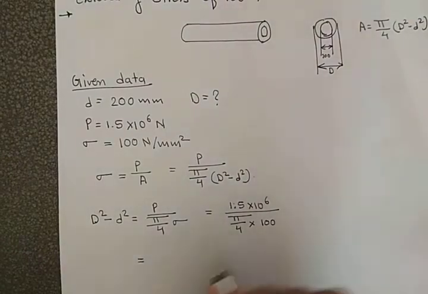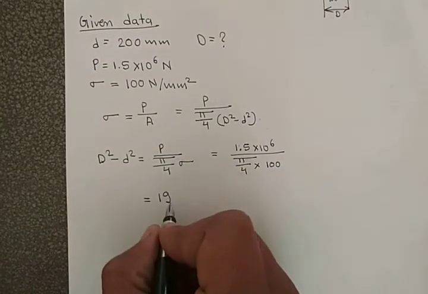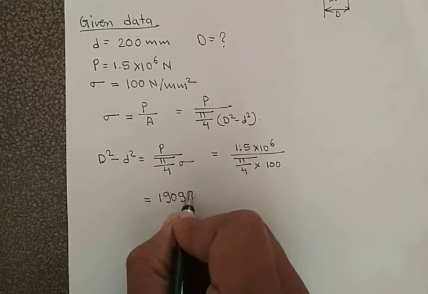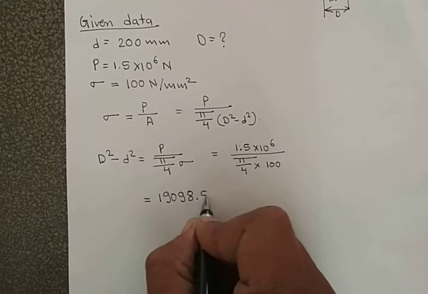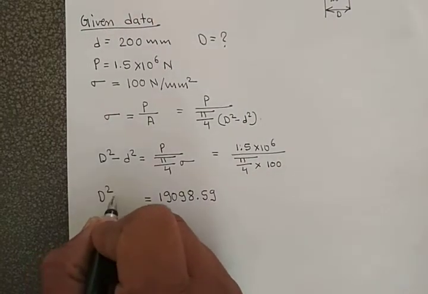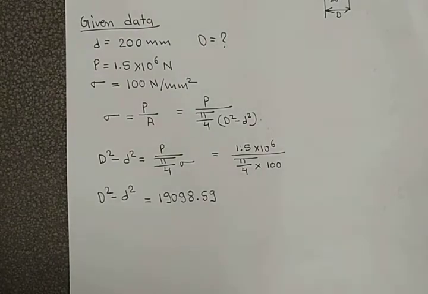The value of this after solving is 19098.59. This is nothing but capital D square minus small d square.